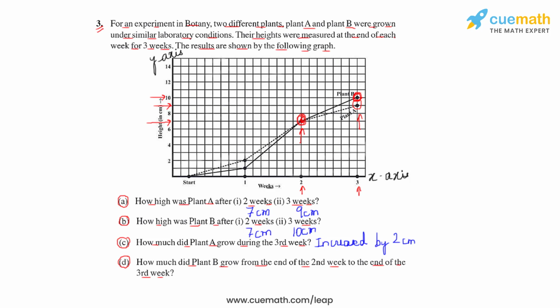So plant B's height also increased by 3 centimeter during the course of this week. So this is how we are going to answer the first set of questions. Let us now move on to the next set of questions.